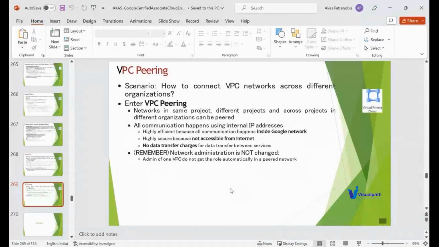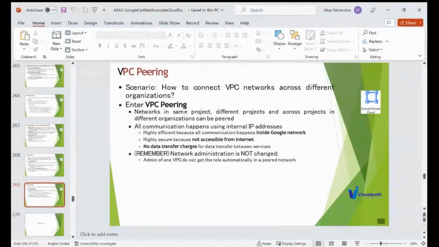What do I mean by VPC peering? Let's say I have a VPC and a VM running in it. Let me go to the board, that would make it easier.